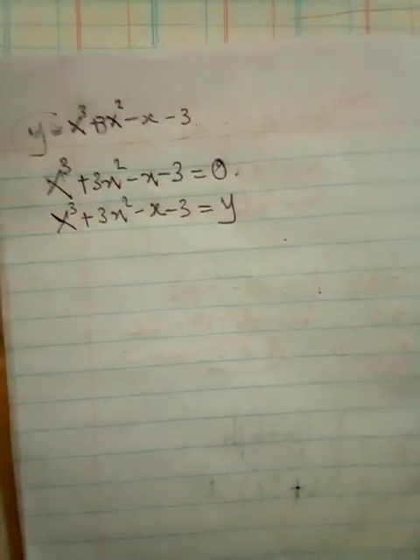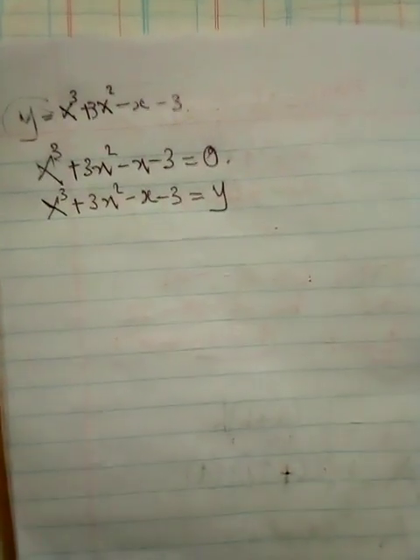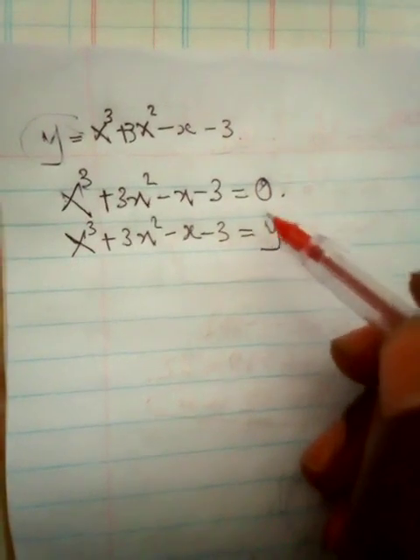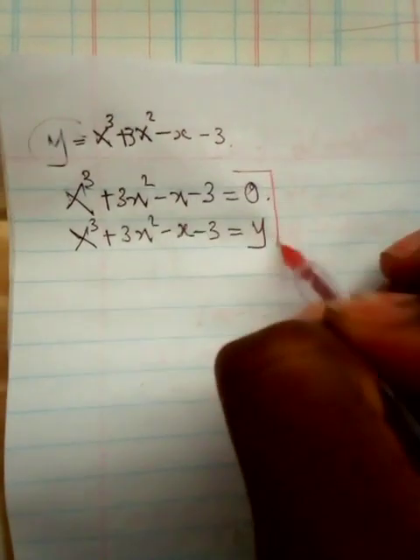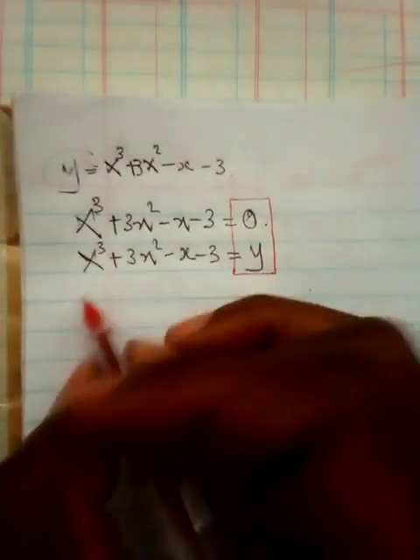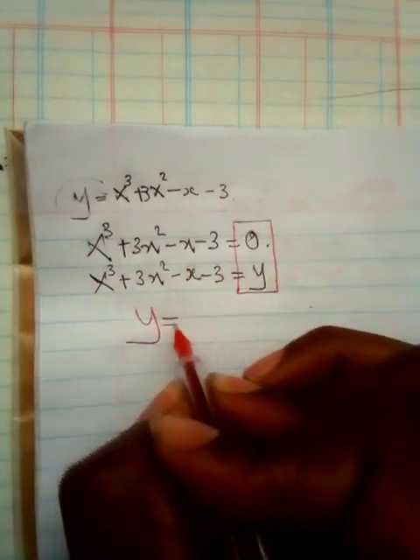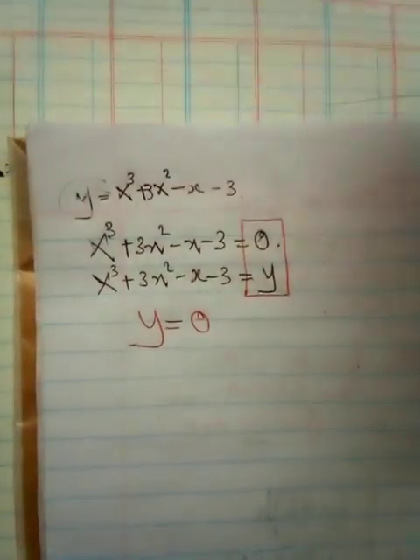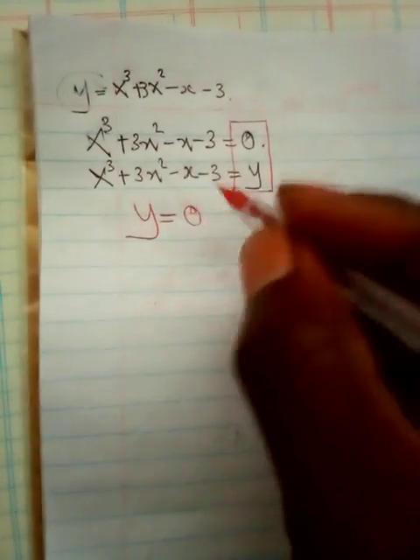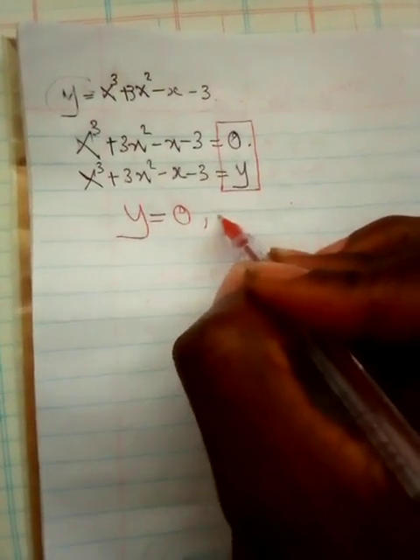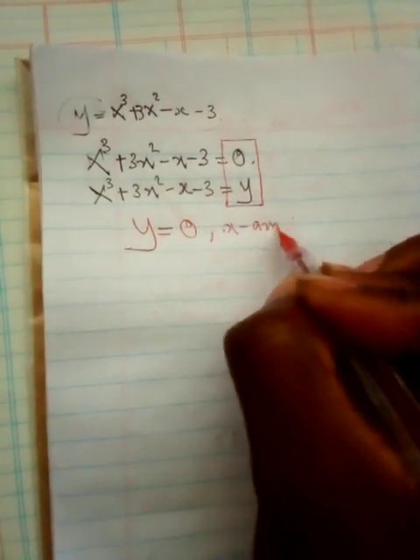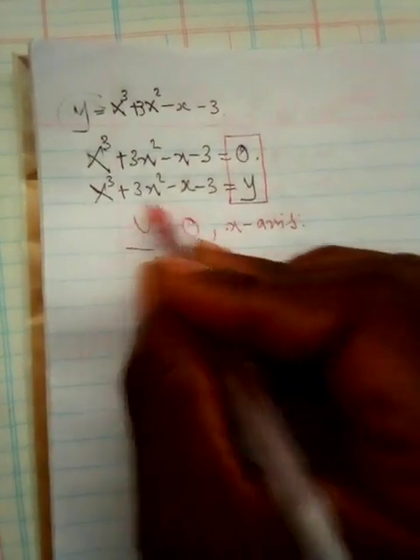So x to the power 3 plus 3x squared minus x minus 3 is equal to, firstly, 0, and in the second one, y. Again, look at what we have. You're going to see that y is just being equal to 0, and remember, it is only on the x-axis that you're going to find your y value being equal to 0.